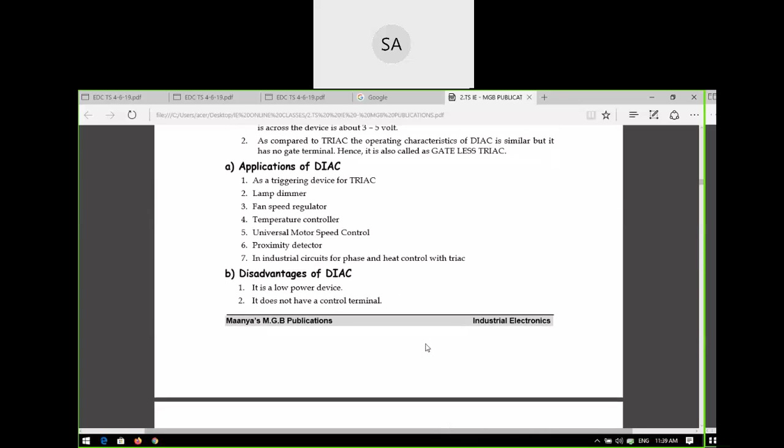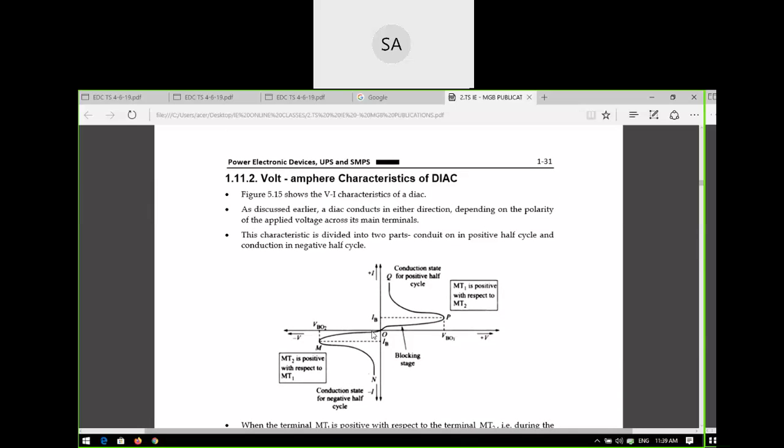And if you see the reverse characteristics, what will happen? The reverse characteristics are also the same as the forward characteristics of the SCR. So there are two breakover voltages, VBO1 and VBO2, because you can interchange the terminals MT1 and MT2.